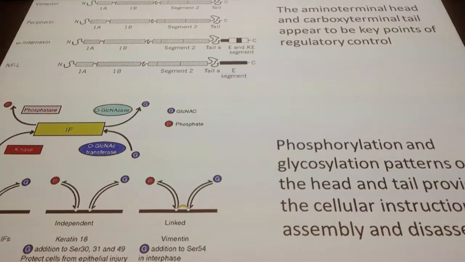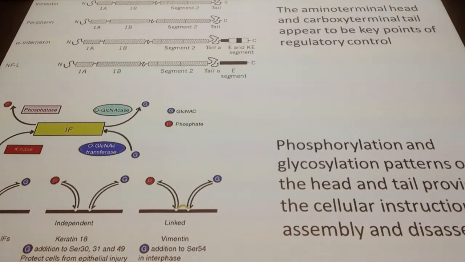So again, both assembly and disassembly for intermediate filaments involve mainly covalent modification. The two types are mainly phosphorylation and glycosylation. However, we're only going to pay attention to phosphorylation.